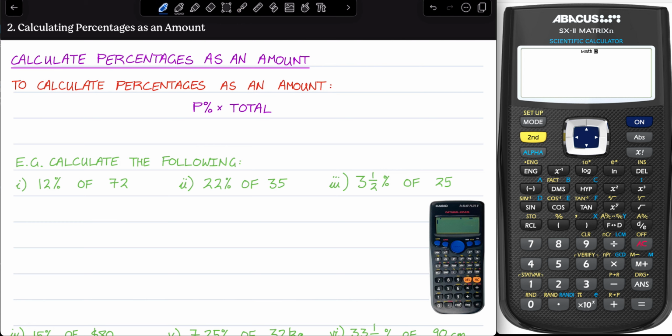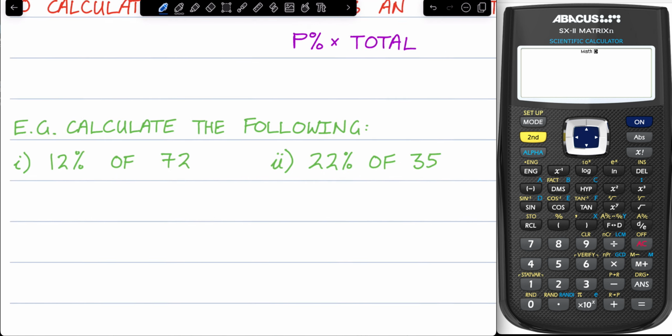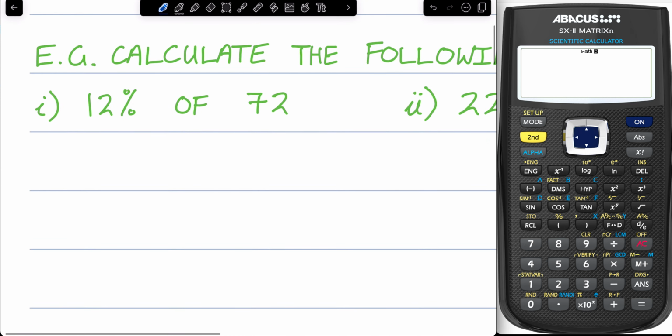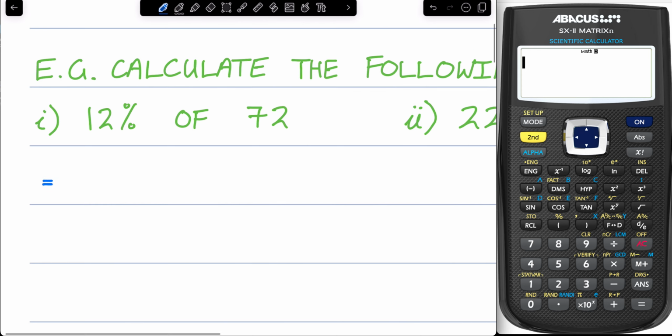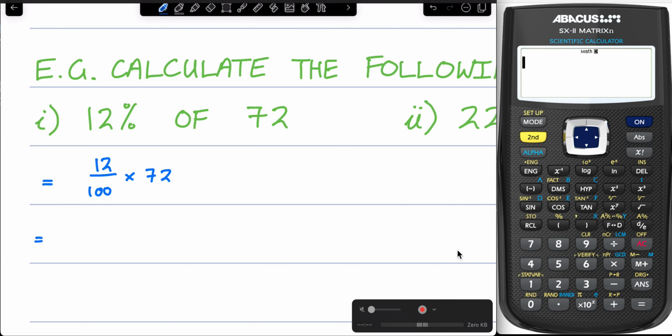Now with these, there are three ways that we can think of percentages and using them to calculate it. Let's do this in the first one. So for 12% of 72, we can first think of percentages as simply 12 over 100, and we multiply that by 72. Okay, so very straightforward in this one.